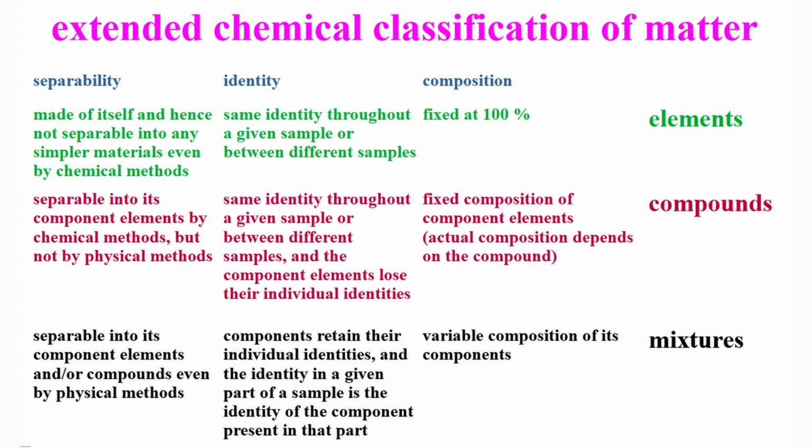And the extended chemical classification of matter into elements, compounds, and mixtures is the result of using separability, identity, and composition as the basis for comparing and contrasting the corresponding facts as shown in this table. Given the commonality for elements and compounds with respect to both identity and composition, they both qualify to be called substances as opposed to mixtures.